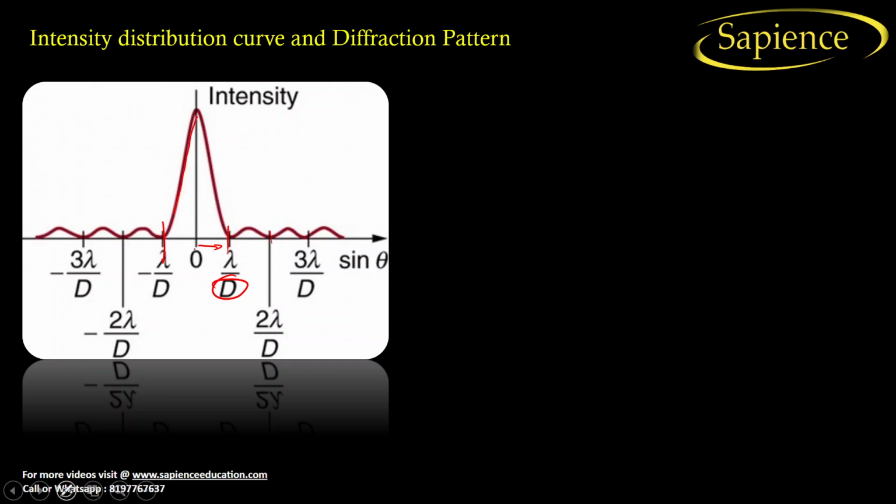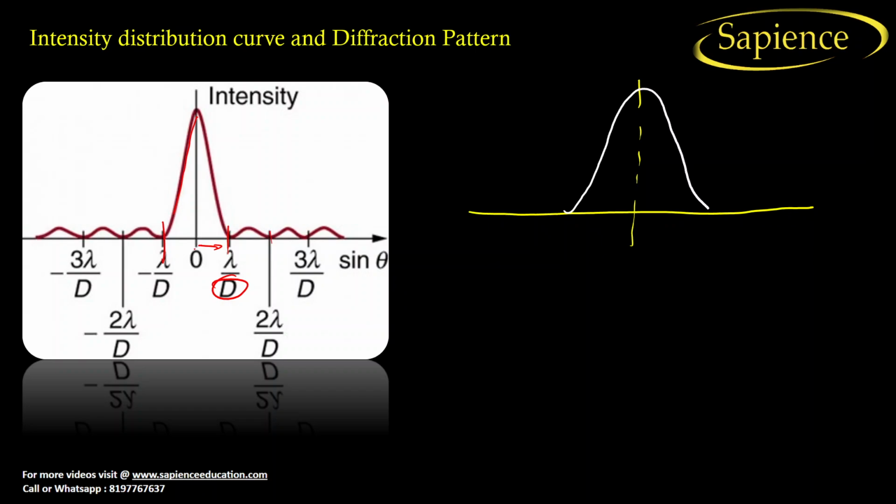So let us take an example, or let us draw the intensity distribution curve. When we draw the intensity distribution curve, the intensity will vary like this. After that, this will be minus lambda, this will be plus lambda.